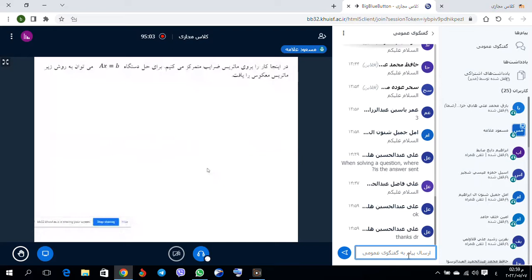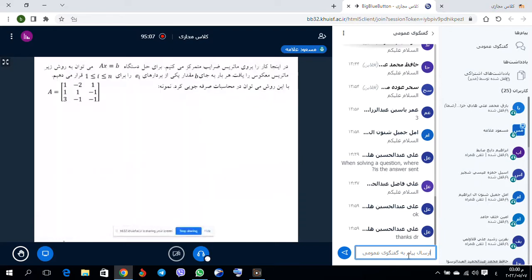Let me do an example. We want to calculate A inverse. We have this matrix and we want to use it to find A inverse.